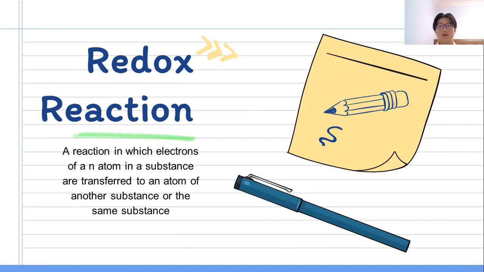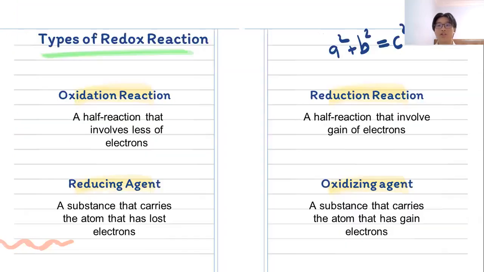Like in the previous example in the first slide that I mentioned earlier, the electrons, the electricity, will move from one substance to another substance. This is called the redox reaction. This is the chemical reaction in electrochemistry.